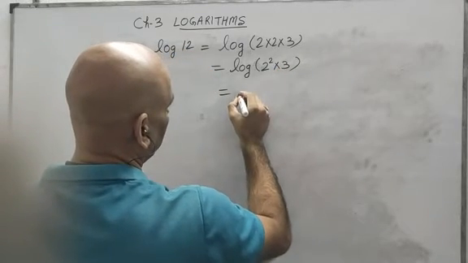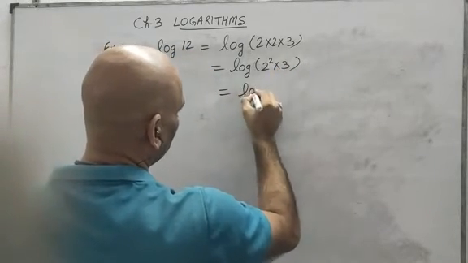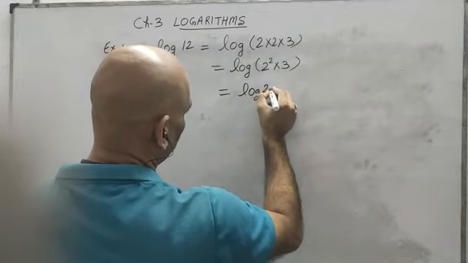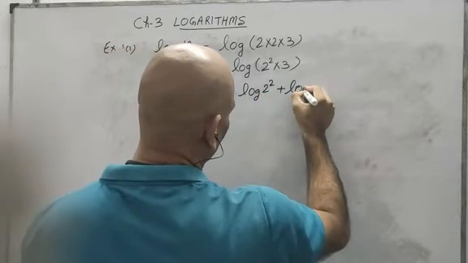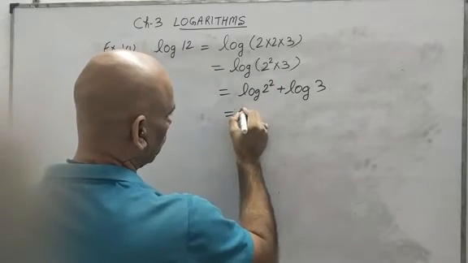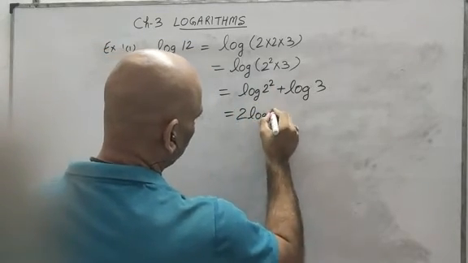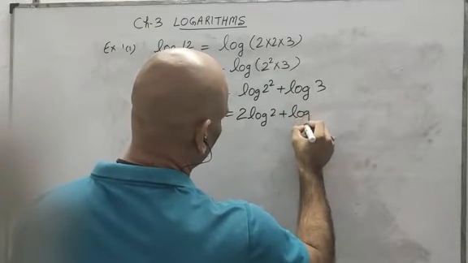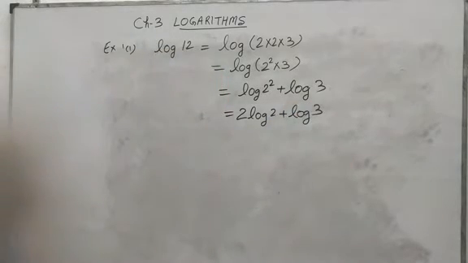Multiplication can be written as addition, so log 2 to the power 2 plus log 3, and the power comes down, so it is 2 log 2 plus log 3. This way we will solve these questions.